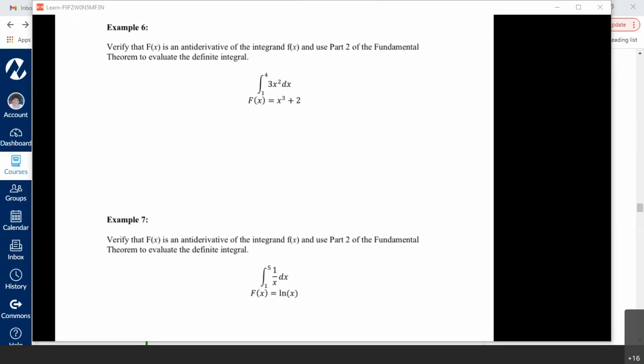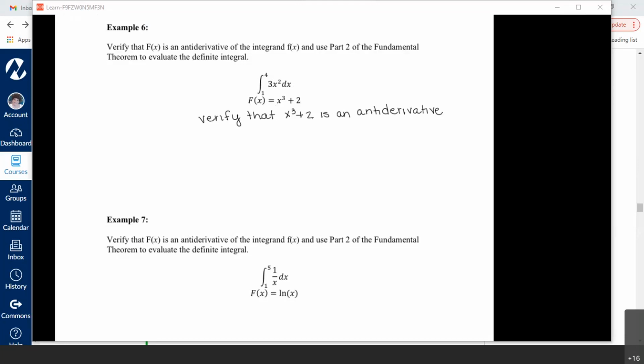So we want to verify that this is, I guess I should say, an antiderivative, since there are an infinite number of them thanks to that constant.